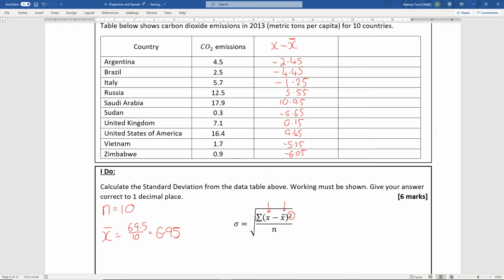The sigma is the sum of the difference, and then squared. So now we've got the difference from the mean for each result, we need to square them all, which would give us, I'm just going to put it to one decimal place.